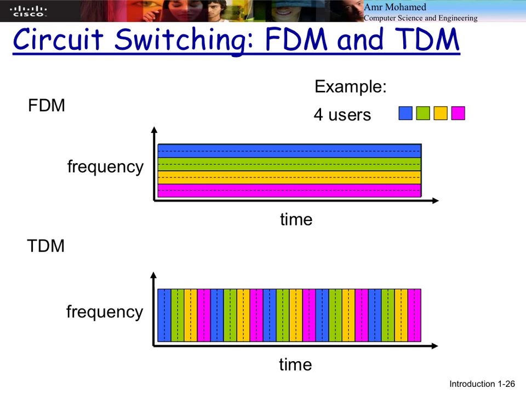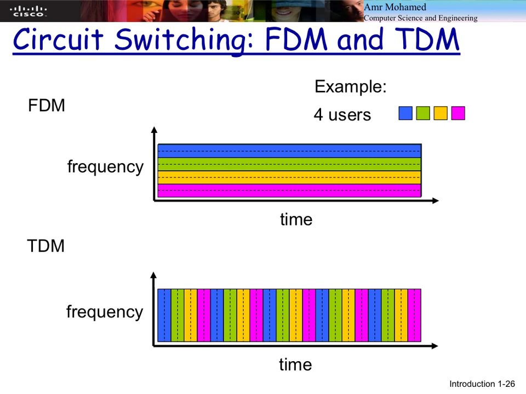So we said that the physical line itself has specific frequency characteristics, right? For example, a telephone line can support frequencies from 0 hertz all the way to, say, 1 megahertz or something like this. So I get this 1 megahertz and then I divide it into different channels.